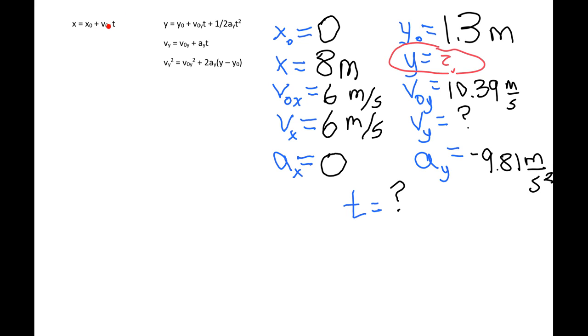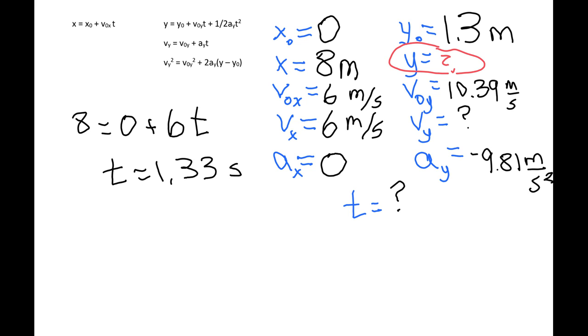That's enough information that we can then solve for time. So let's fill that in, and we have 8 equals 0 plus 6 times time, which gives us that the time the ball is in the air when it travels 8 meters is 1.33 seconds.